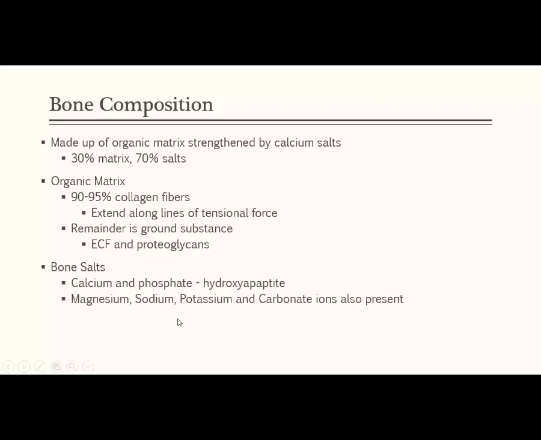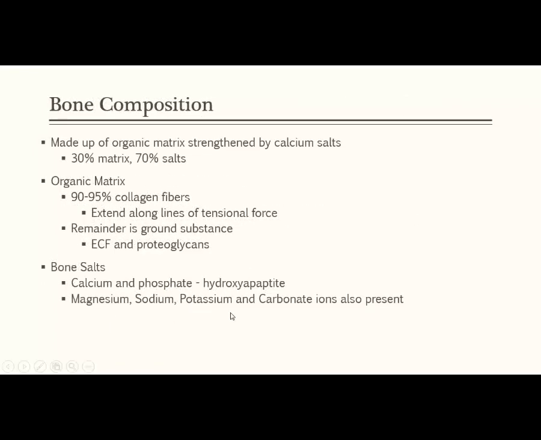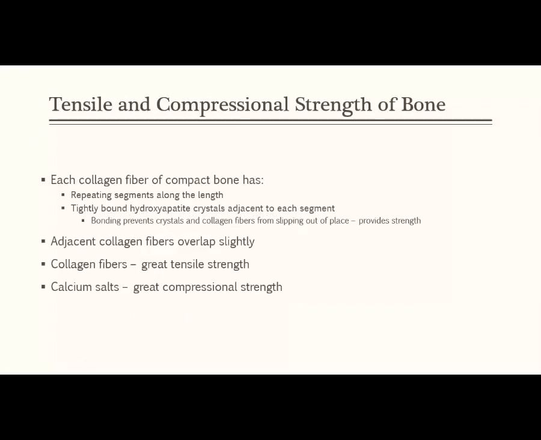And then in addition to the calcium phosphate, the hydroxyapatite, we have other ions. There's some magnesium, obviously sodium and potassium, because we always have sodium and potassium, and some carbonate, which also contains calcium.